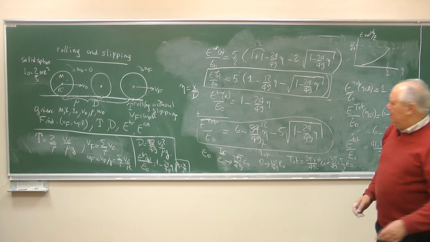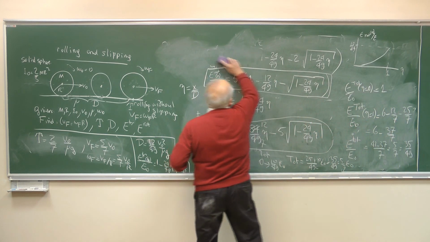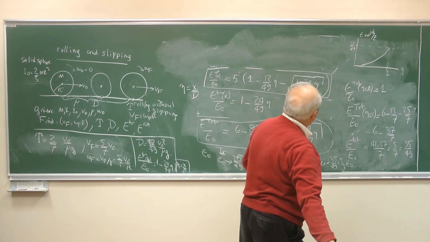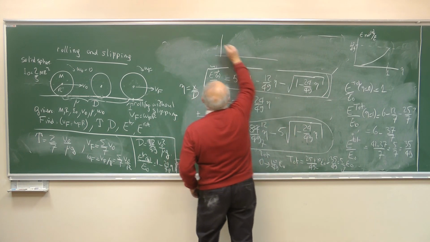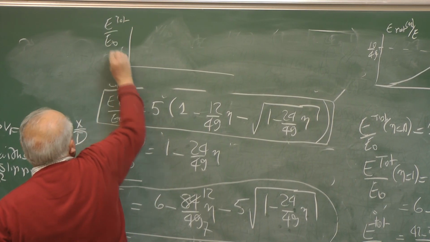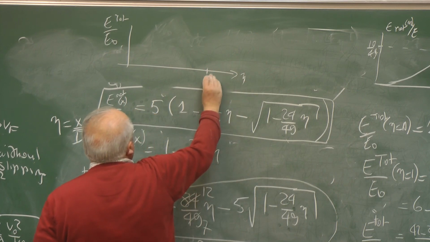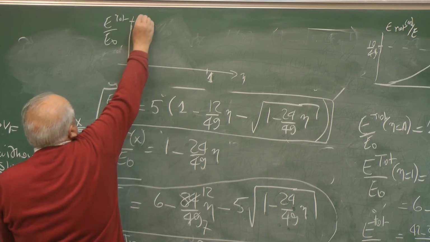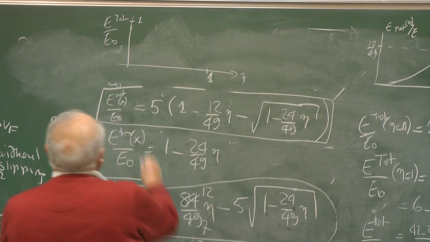So roughly speaking, the total, I can erase this part. If you look at E total over E0, and this is eta equals 1 here, this will start from 1. It will go down to 5/7.